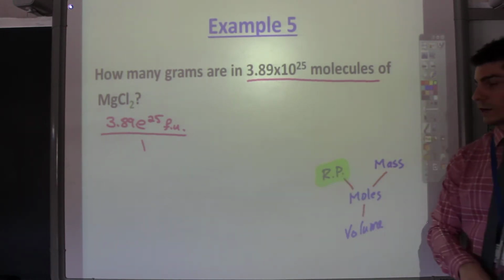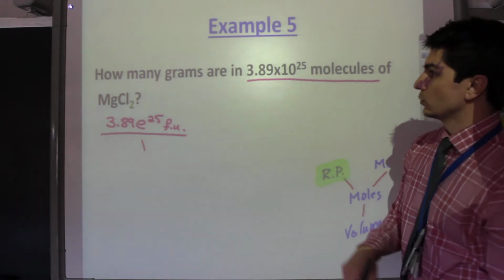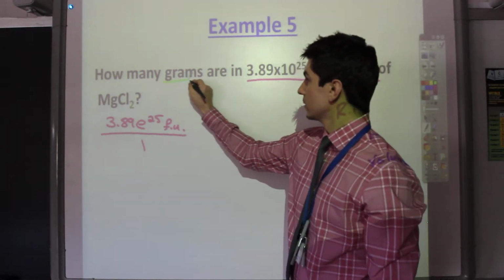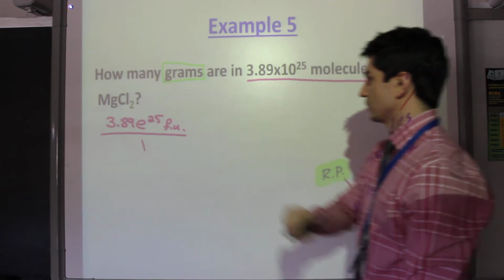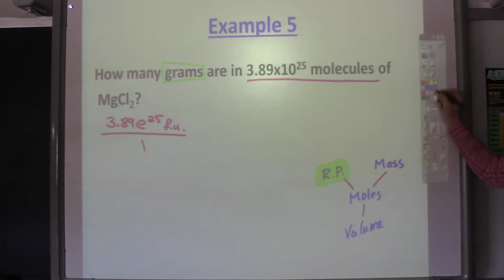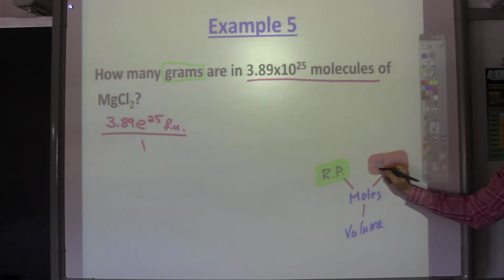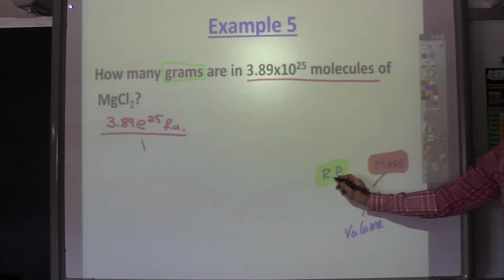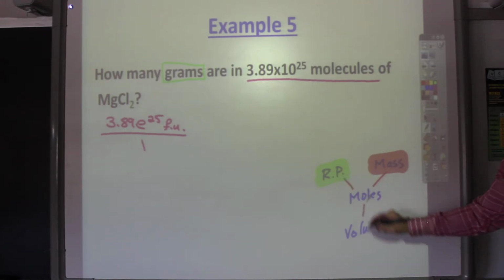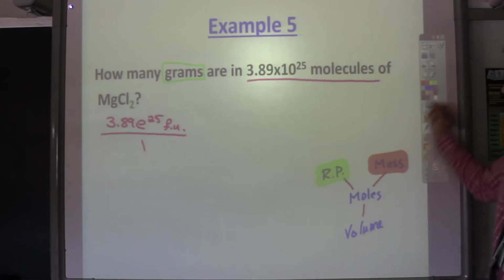Now, let's look where it is telling us to go to. It's asking for how many grams. So for our stopping point, which I'll make in red, that's going to be our grams, which is our mass. Right? So we're starting at representative particles. We need to first go to moles, and then we will get to our mass.